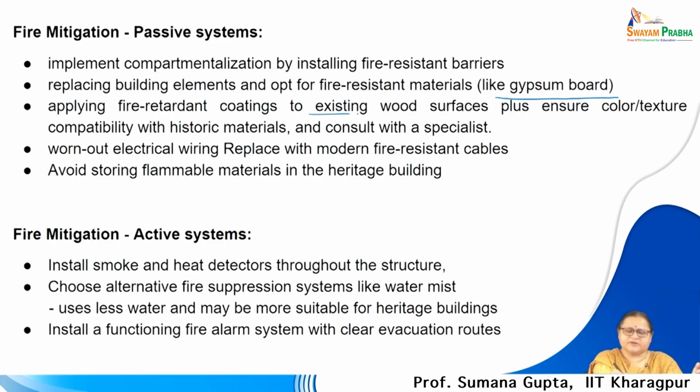So, the existing wood surfaces can have fire retarding coatings to ensure that they are safe from fire. However, remember for this kind of buildings, there should be respect for the color, texture, compatibility with the historic materials in that space, in that heritage building. It is also the same for a museum building.